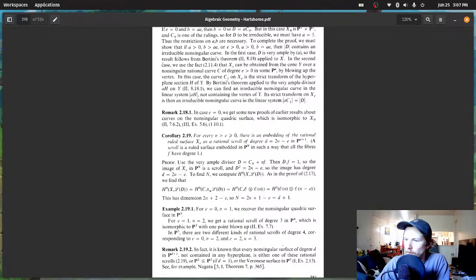So does this agree with what we just computed? So 2 times n, in this case, is 10, plus 2, that's 12, minus e, which is 4, so that's 8, which is what we got.